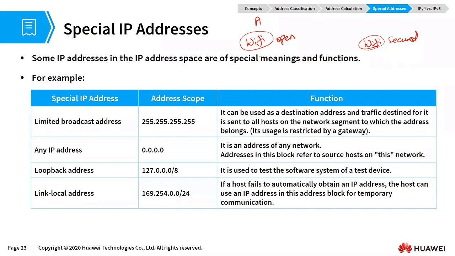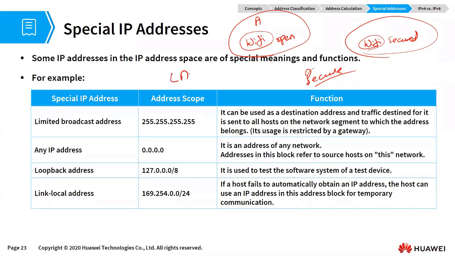Now, both Wi-Fi A and Wi-Fi B are private networks. By private, we don't mean secure. By private, we mean it is in a local area network. When you have Wi-Fi A, and we are going to do this in this class, yes, congratulations, we're going to learn how to configure Wi-Fi using our access controllers and fit access points.